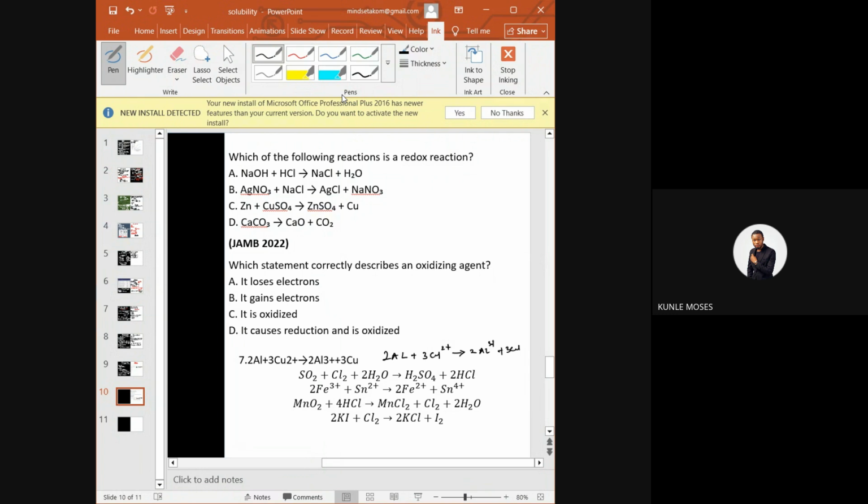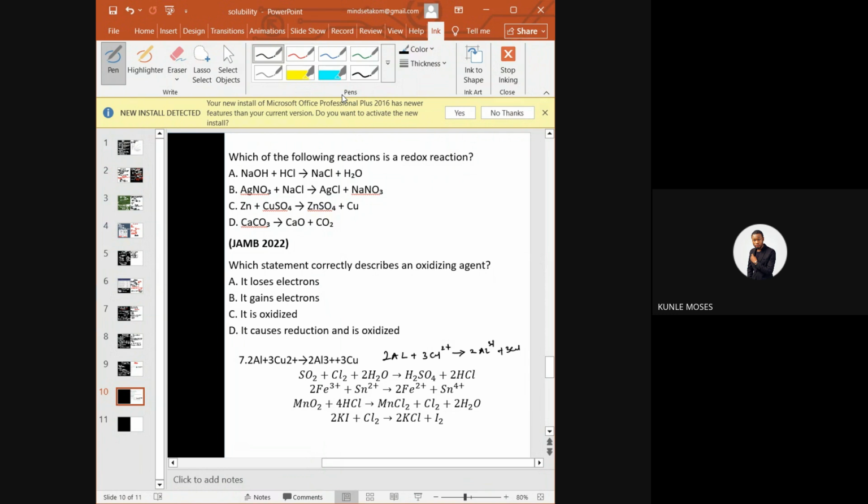Now, aluminium, like we said, is losing 3 electrons, and copper is gaining 2 electrons. So we want to have the same number of electrons. How do you do it? If we multiply aluminium by 2, it gives us 6.